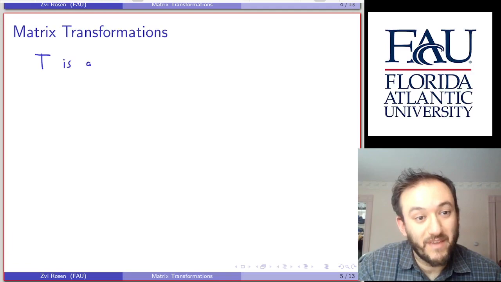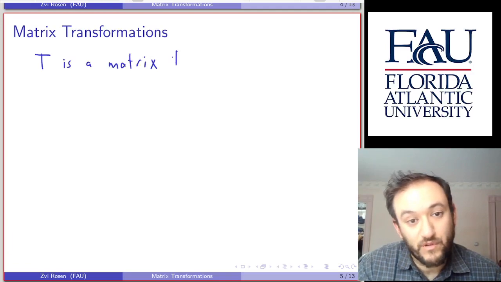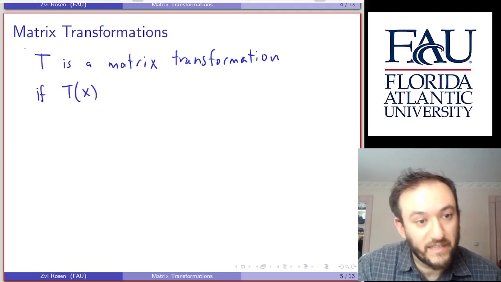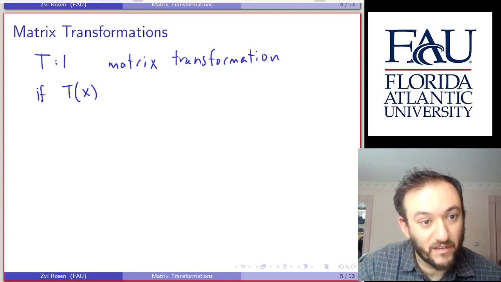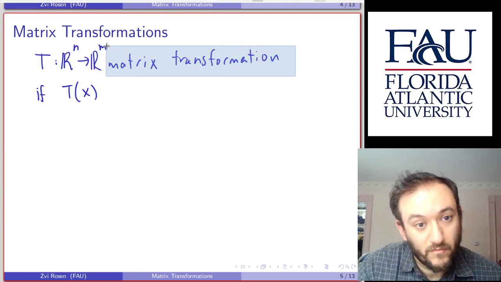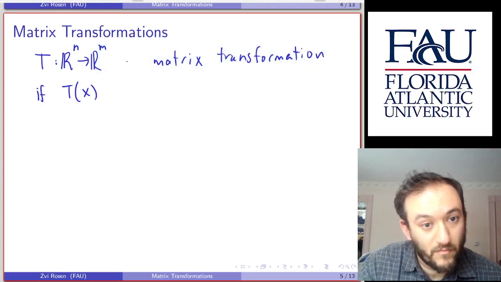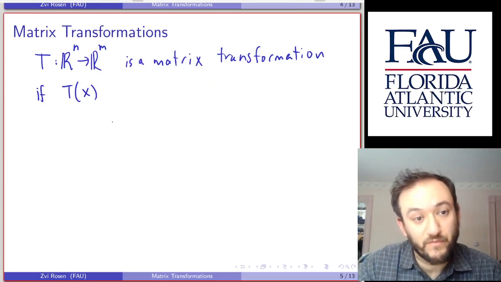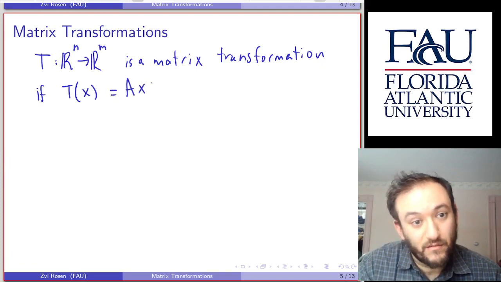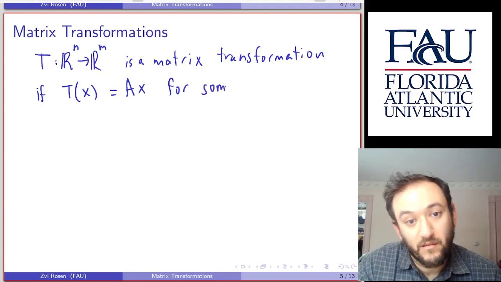T is a matrix transformation if T of x, and let's give it a domain and a codomain, Rn to Rm, is a matrix transformation if T of x can be written as A times x for some m by n matrix A.